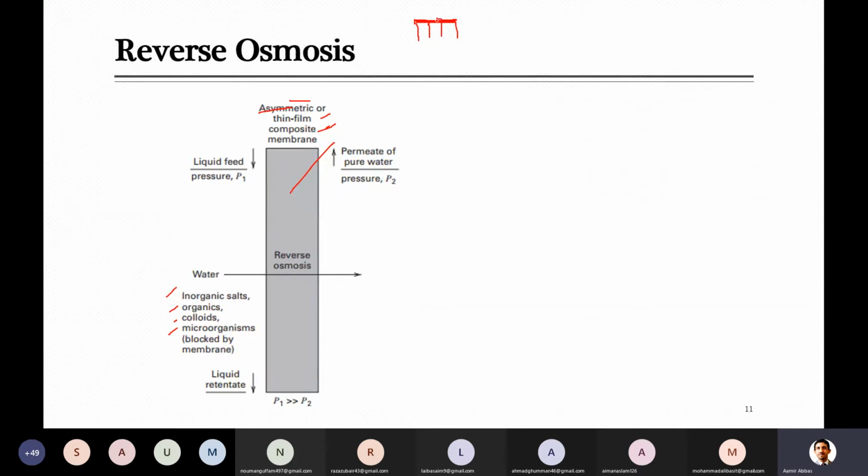In order to sustain it, we synthesize the membranes in such a way that they are supported on a microporous or macroporous membrane.